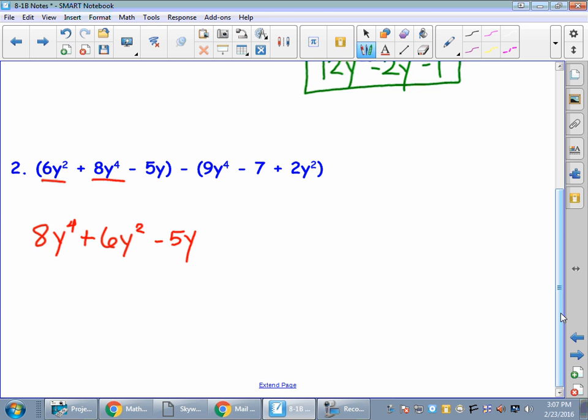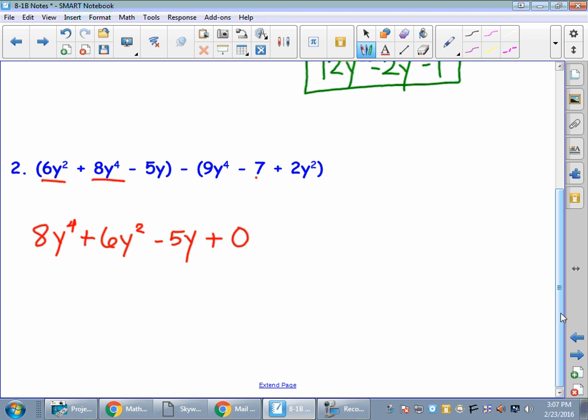And now what I notice in the other problem, I realize there's a constant in the other problem, but there was no constant here. So I'm going to put a plus 0 here as a placeholder so that when I put the 7 there, it'll line up nicely. And I notice that the second polynomial does have a y squared, it doesn't have a y. So I'll put a 0y where the y's go.